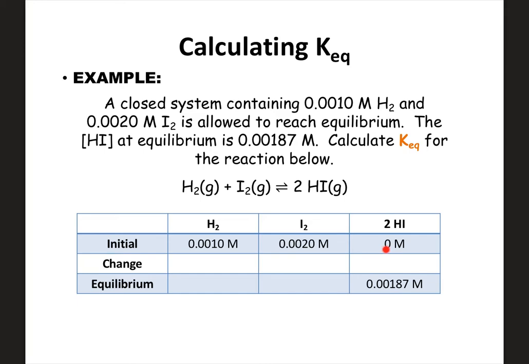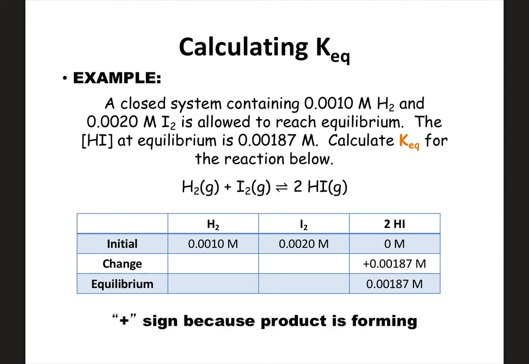Now that I know this was 0 and I know the concentration of the HI at equilibrium, I can determine the change here. Based on the fact that I had none initially and at equilibrium I ended up with that much, I must have gained 0.00187 molar. So that would be my change for the HI. Notice it's positive because the product is forming.